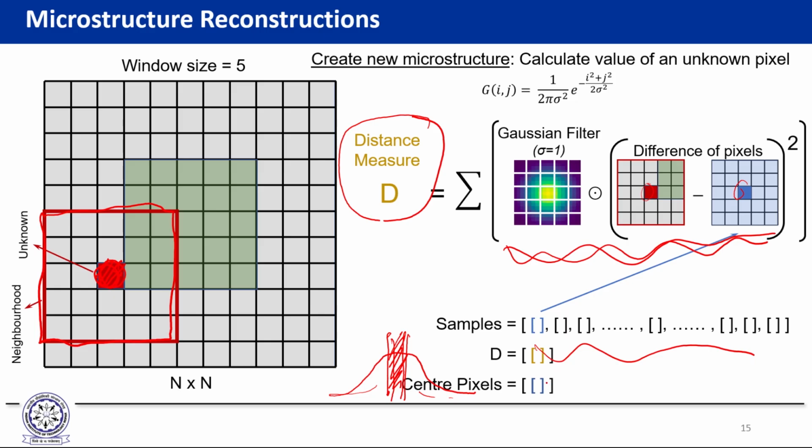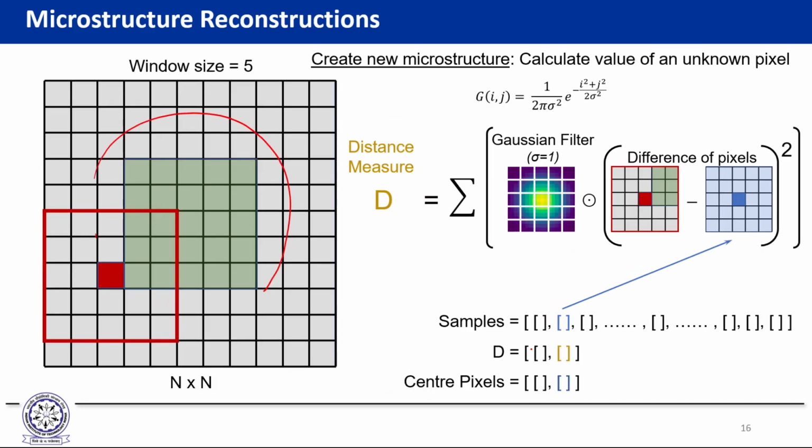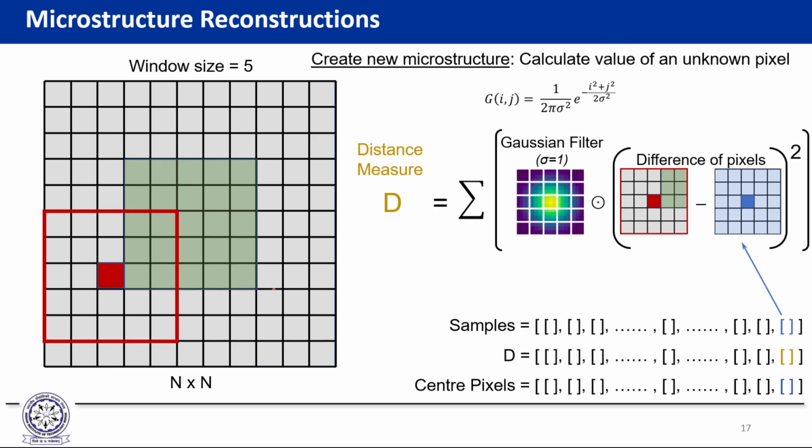And when I do it once, I end up creating the central pixel for the microstructure that I am reconstructing. So as I keep on translating this, I will keep on creating more and more points for this distance set, and I will be sampling more and more of the central pixels.